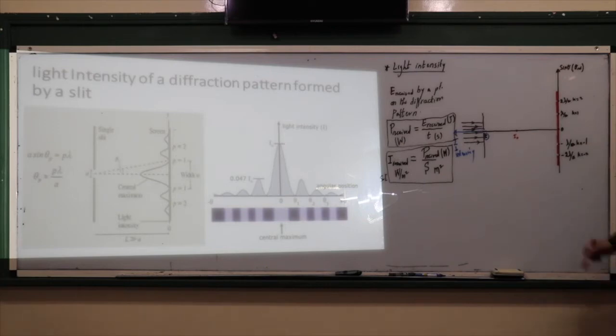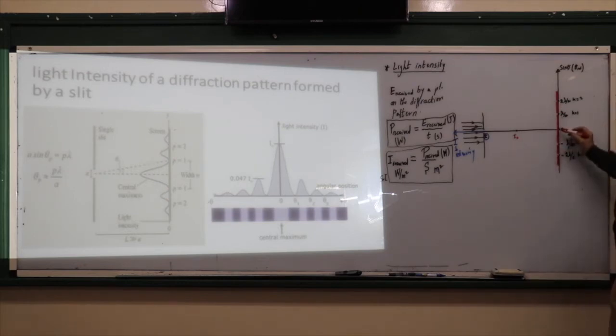Okay? As you move away from O on both sides, this intensity decreases. How do I know this? I know this because when I reach this point is dark fringe, so the intensity at this point is 0. Because of this, as we move from O to this point, the intensity decreases from maximum to 0.